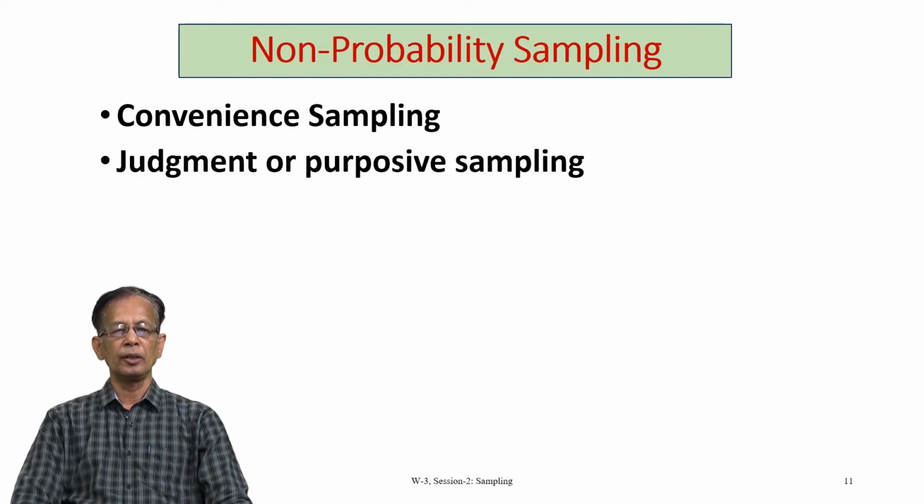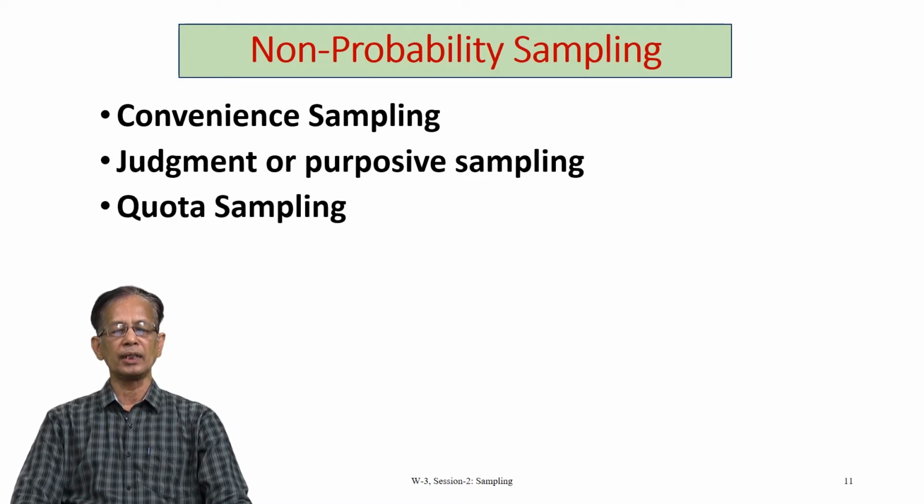Next would be purposive sampling, and purposively we select a group or some units as per our judgment. Say for example, we want to employ someone to watch the activities of the students. We might not give this role to all employees, we might give it to some selected employees who are good at that.